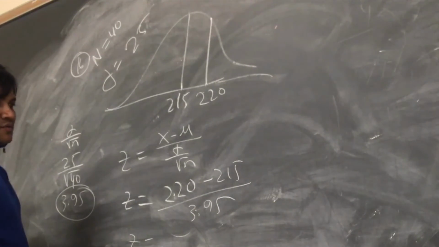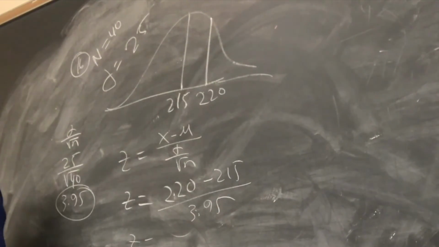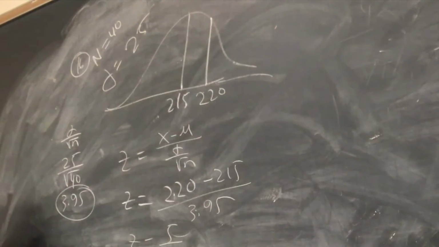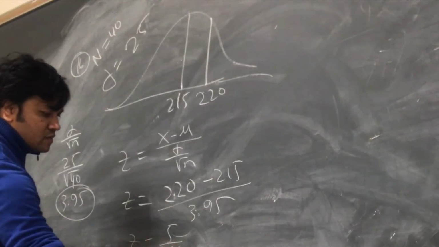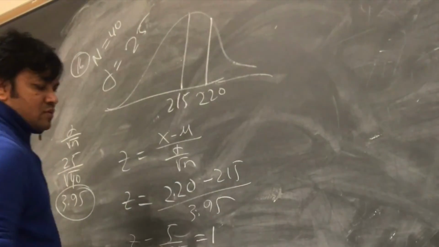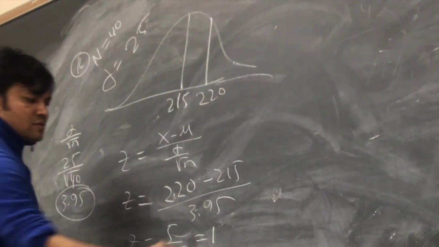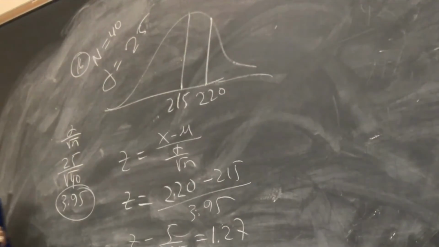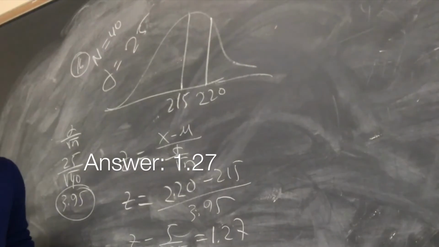So Z is equal to what? 5 over 3.95, which is 1.27. Is it there? For 16, yes, it's E.